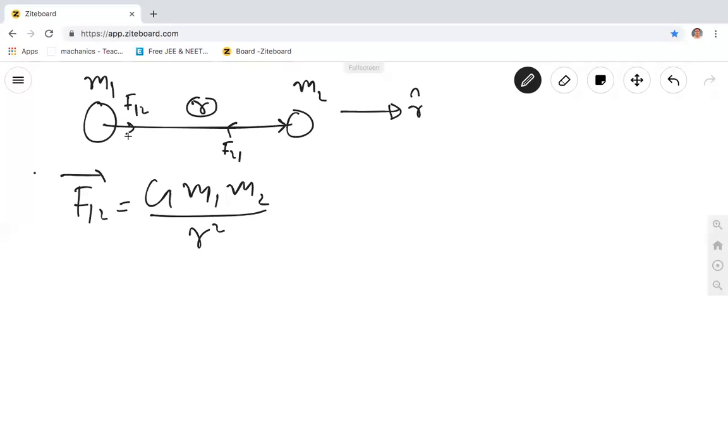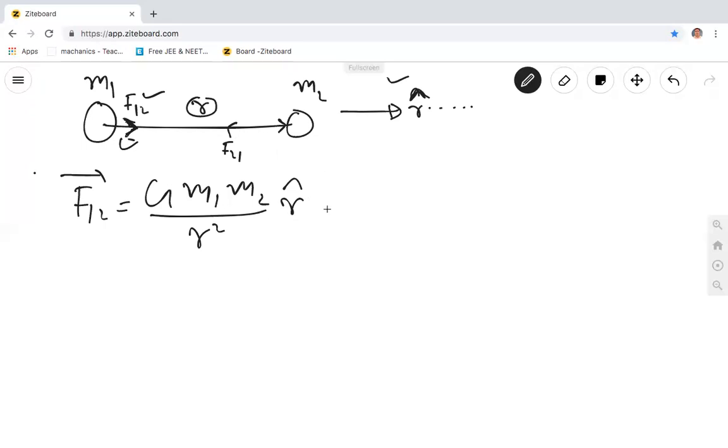So what's the direction of this force? Positive direction? Yes, it is this direction. This is the R unit vector. Unit vector means its magnitude is 1. It only gives the direction, right?